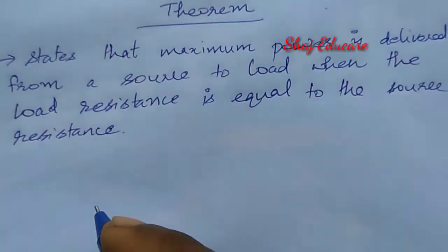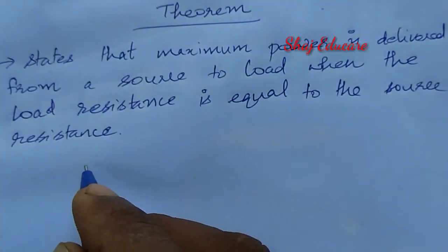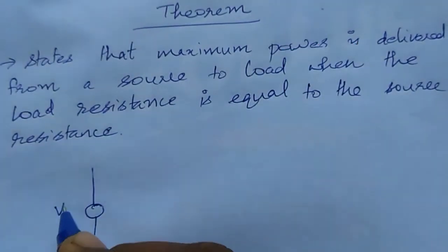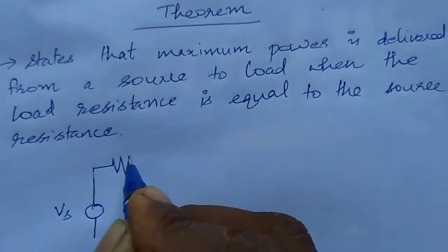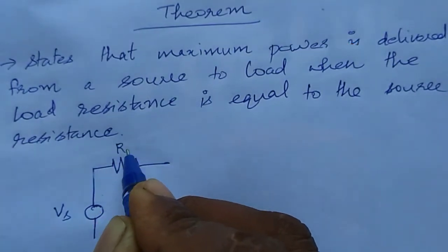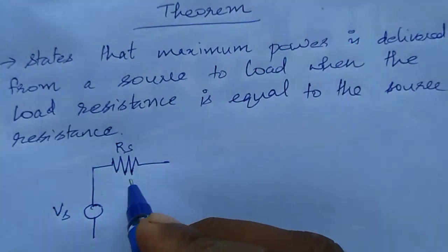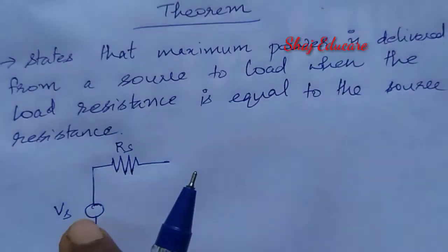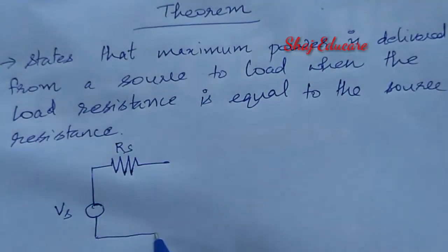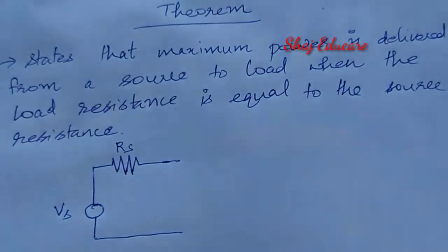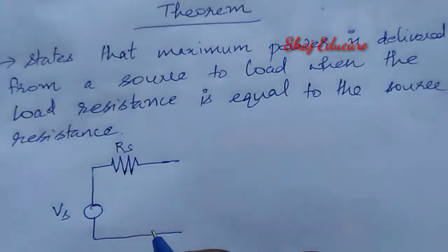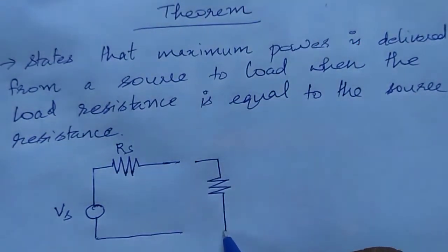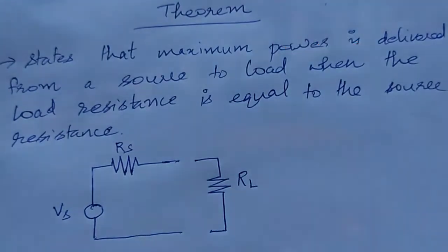Let us demonstrate this concept using a circuit diagram given below. Suppose we have a voltage source and corresponding resistance Rs. Rs is the source resistance, meaning the internal resistance of the voltage source. Now we are going to connect this source to a load, say load resistance RL.